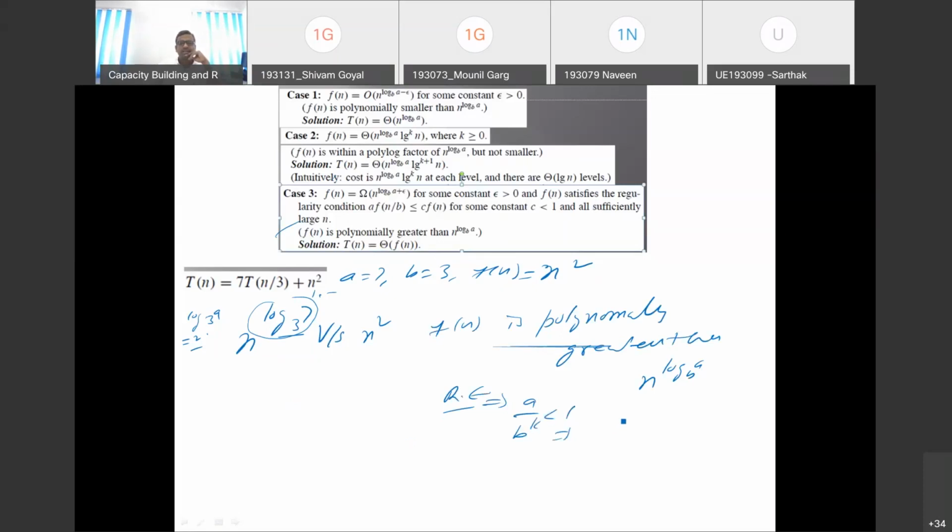Here a is 7, b is 3, k is 2, so 7 upon 9 is less than 1. It means the regularity condition holds. So there are 2 points: one is the regularity condition, the other is that f of n is polynomially larger. So we can say that its complexity T of n is going to be of the order of f of n, of the order of n square, as per case 3 of the master's theorem. So this is the solution.